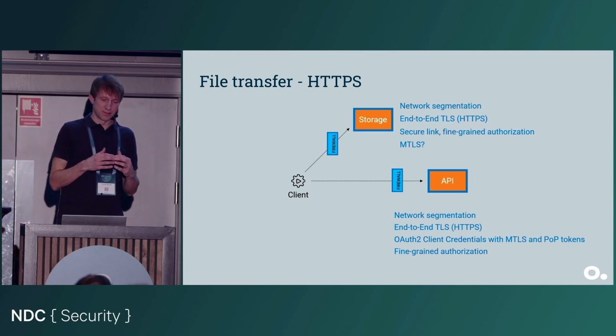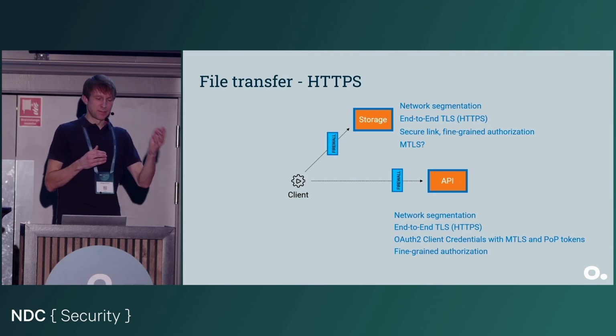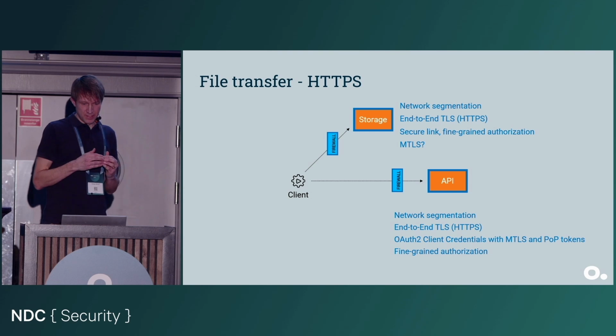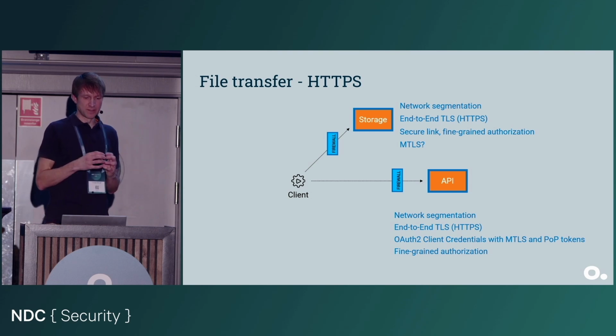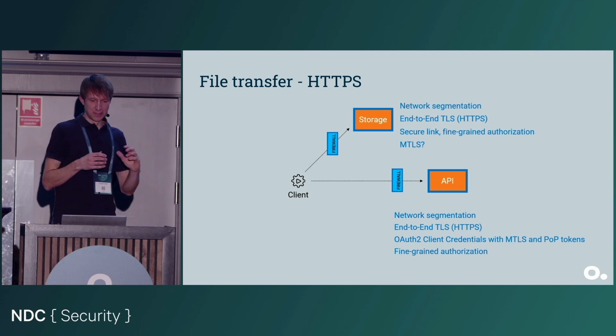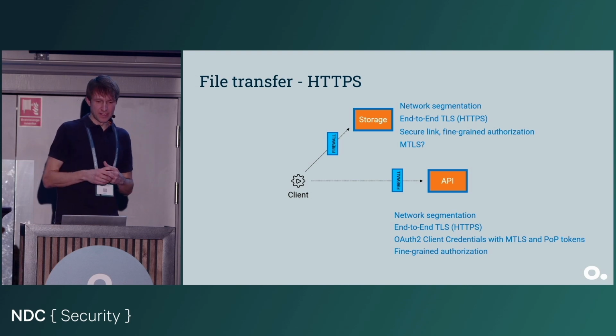So we sort of have the same level of security. Perhaps we could add the same kind of networking protection, and we could also work a little bit more with this secure link, making it one time or asserting that it's only valid for this particular item, so we don't have any issues there.